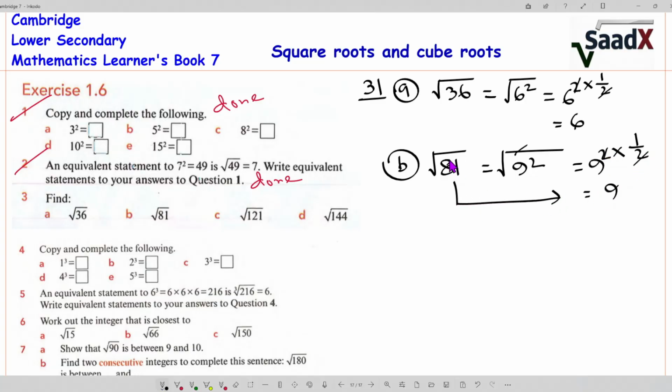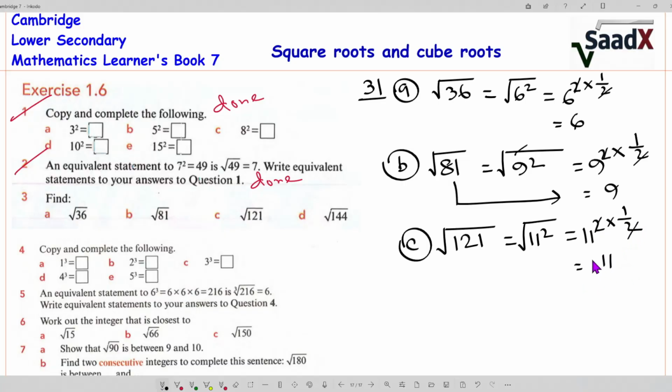The square root of 81 is 9, or we can say 9 is a square root of 81. Number C, root 121. Similarly, 11 squared is 121. So 11 squared times 1 by 2, 2 and 2 cancel out, here is 11. 11 is a square root of 121.